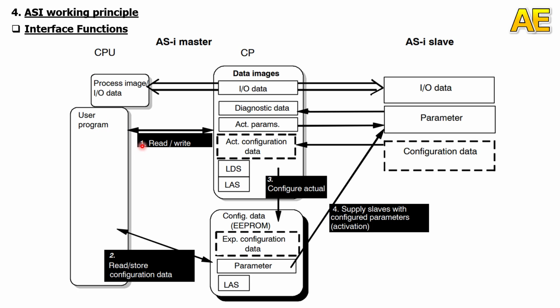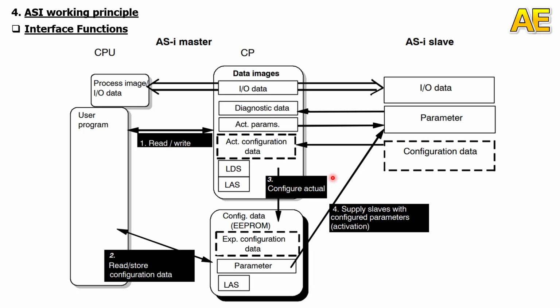The second function is about the read or store configuration data. Configure parameter or configuration data are read from the non-volatile memory of the CP. The third function is configure the actuator.